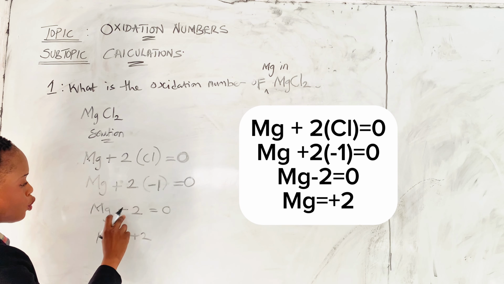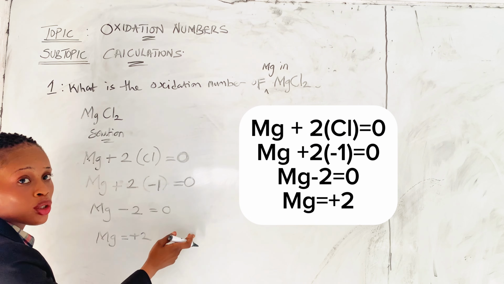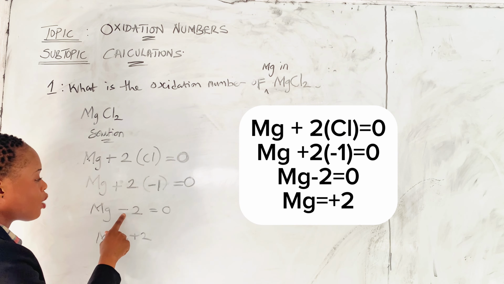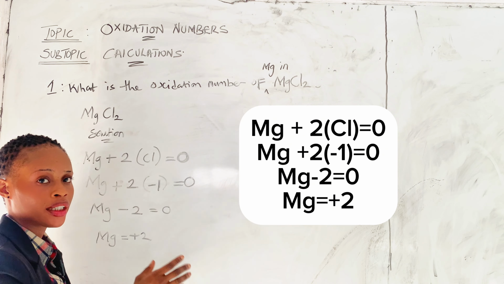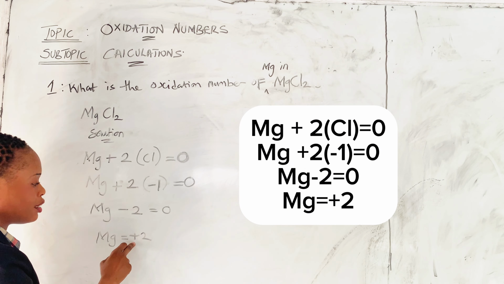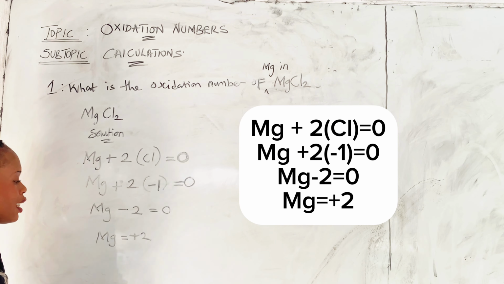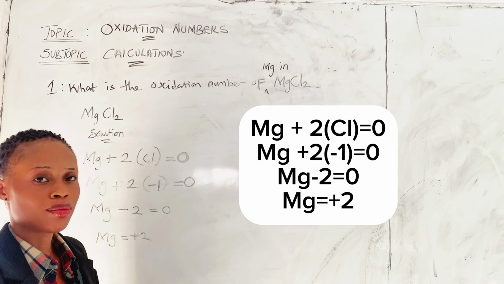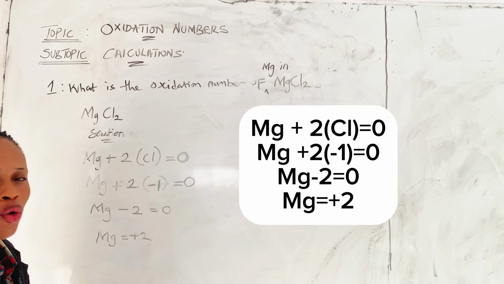Why is it plus 2? Because your -2 will go over the equal to sign. So whenever a number goes over the equal to sign, it will change sign. Because -2 is going over this equal to sign, it carries a positive charge. So that means the oxidation number of magnesium in MgCl2, which is magnesium chloride, is plus 2, which makes sense.